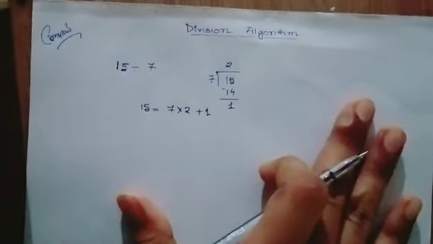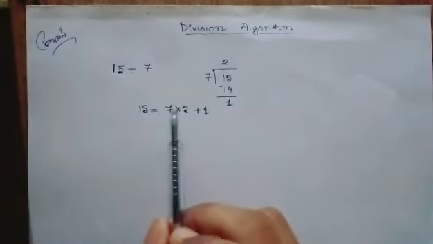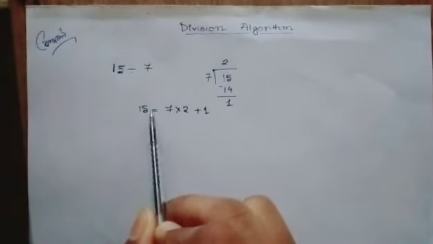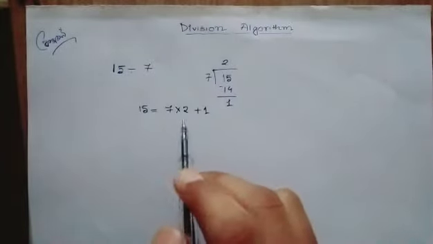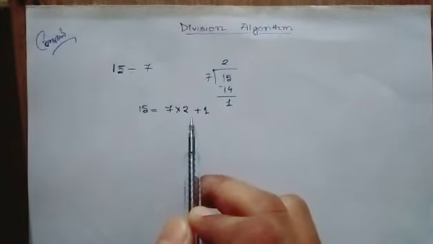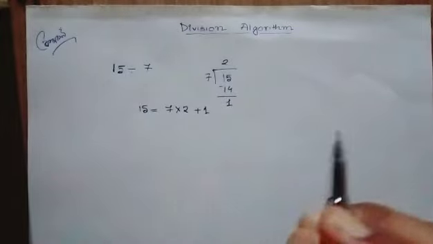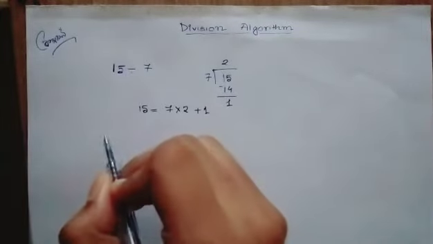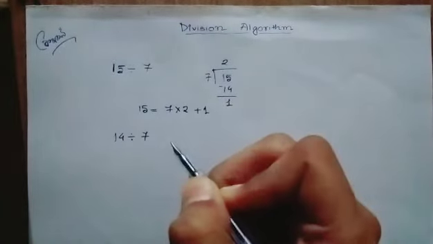Here 15 is called the dividend, 7 is called the divisor, 2 is called the quotient, and 1 is called the remainder.